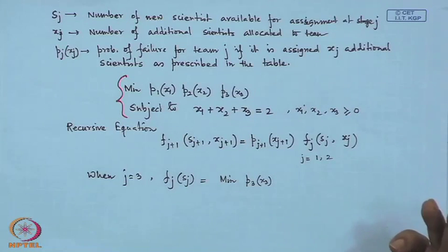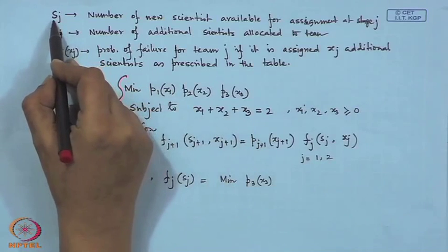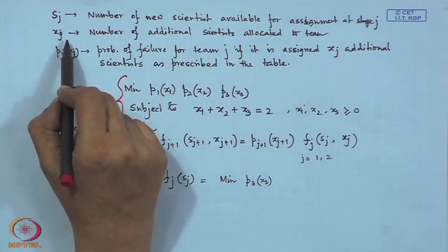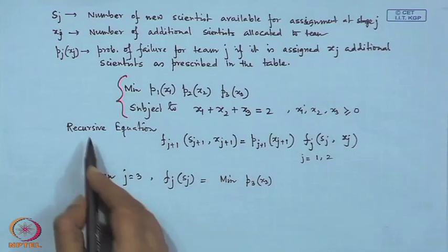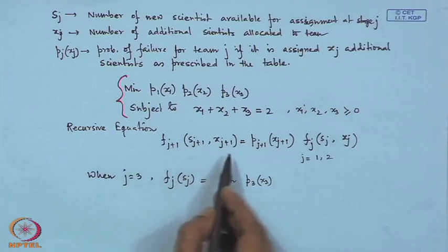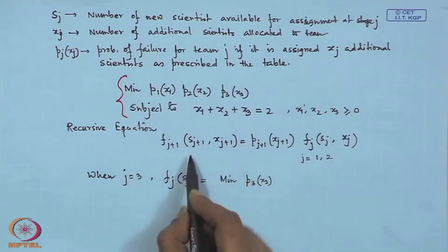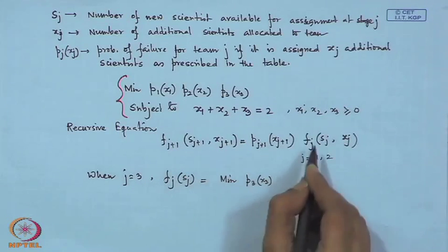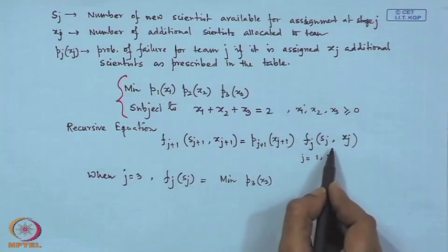Now, you see we have considered the states, Sj are the state variables, xj are the corresponding decisions. Thus, we can have the recursive equation that the j plus 1th optimal decision for the j plus 1th state is dependent on the jth state.